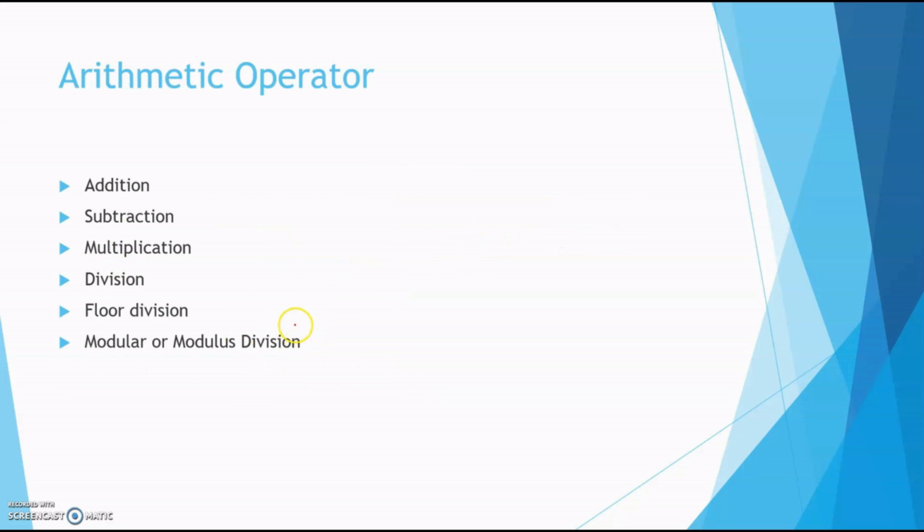So we will discuss these operators one by one. First, addition, subtraction, multiplication, division, modulus, and floor division. There are two values I'm taking. Suppose the value of A is 5 and the value of B is 6. So 5 and 6 are literals.